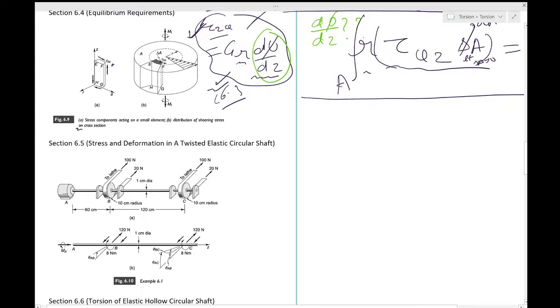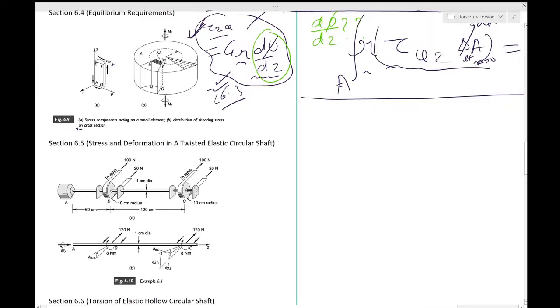The material was isotropic and linear elastic, obeying Hooke's law. These were summarized in equations 6.2, 6.3 and 6.4. 6.2 was the shear strain, 6.3 was Hooke's law where you found the values of the stresses, and 6.4 was the equilibrium equations.